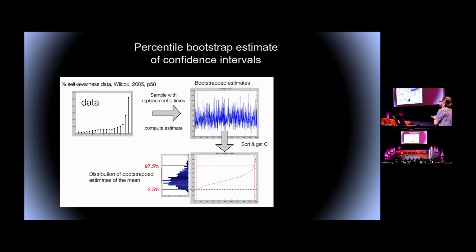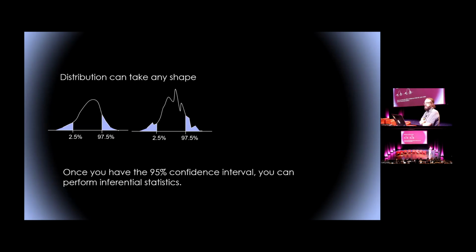Now, the good thing with this is that we can also do inferential statistics, because we can say, okay, these values are significantly higher than, let's say, this lower value here, 3. So this is significantly higher than 3. So not only do we get the confidence interval, but we can also do inferential statistics. And the distribution can take any shape.